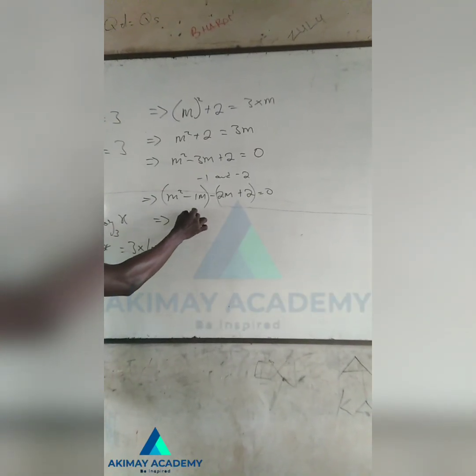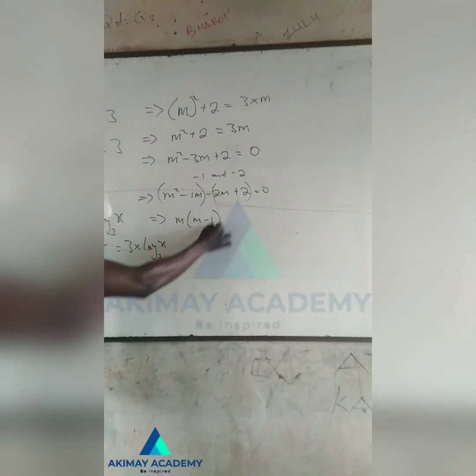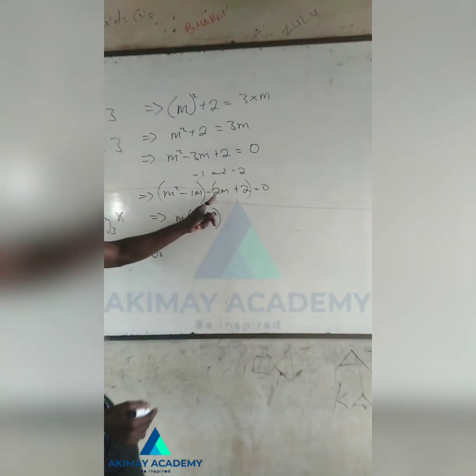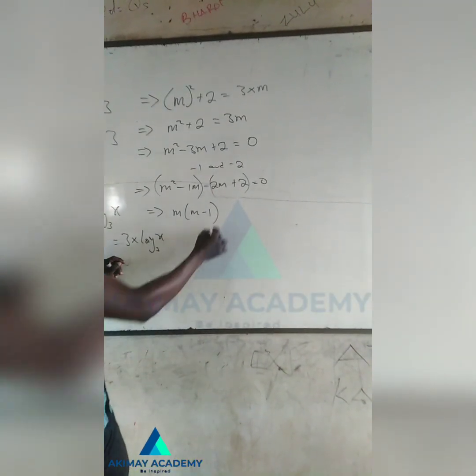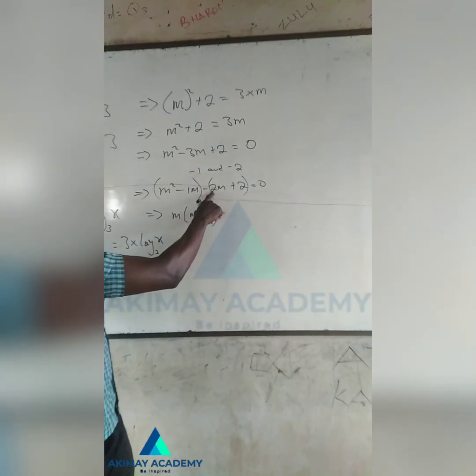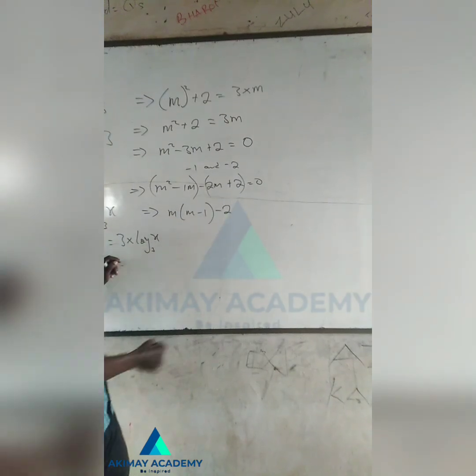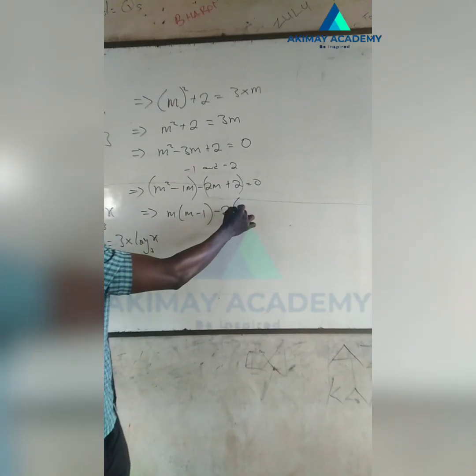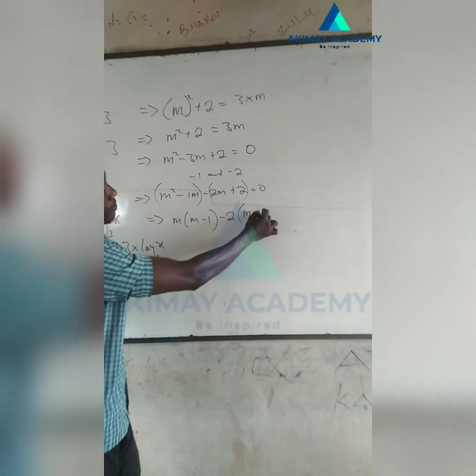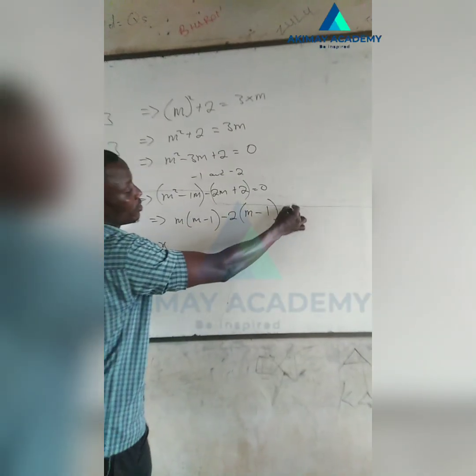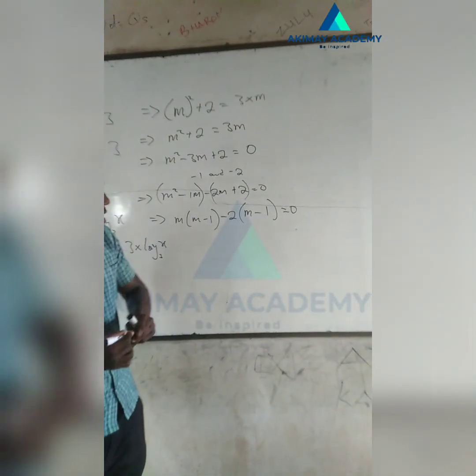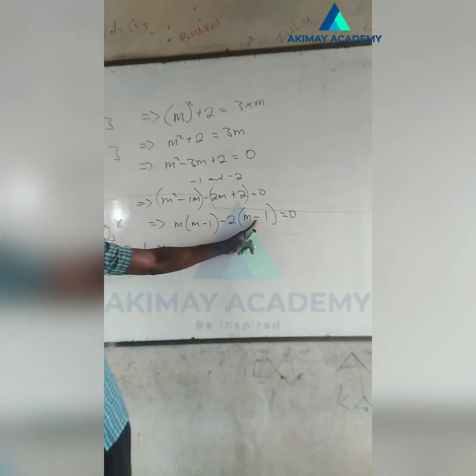Here we can put them in the same group. m will come out, m minus 1, right? Over here there's a negative 2 here. So negative 2 out, and minus 1. I hope we are aware of the reason why we are getting a negative sign here.